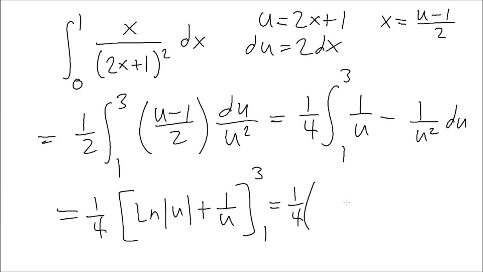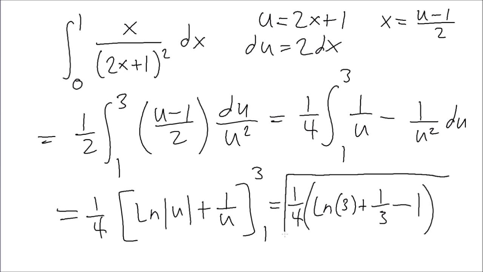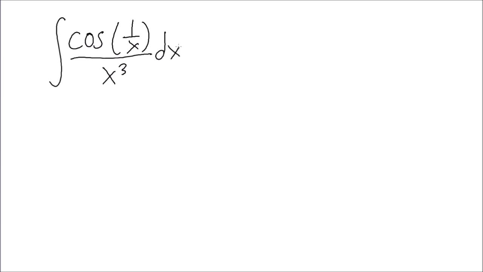Plug in 3, we get ln of 3 plus 1/3, minus ln of 1, that's 0, plus 1, so that's minus 1 right there. You can technically just leave your answer like this. You can simplify it if you want to, but if I'm competing against someone, I just leave my answer like this.